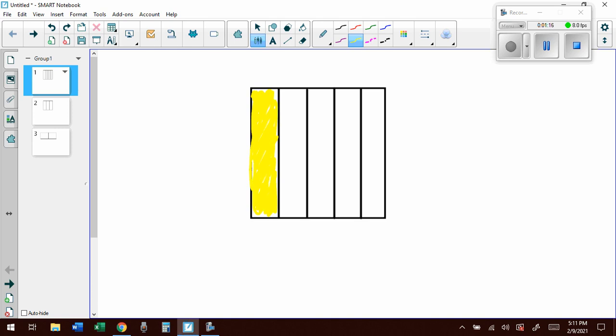What do I have shaded? What fraction here is shaded? If you said 1/5, you are correct. That's my unit fraction. Each one of these, 1/5, 1/5, 1/5, 1/5, 1/5. This unit fraction right here is 1/5. I'm going to move this.